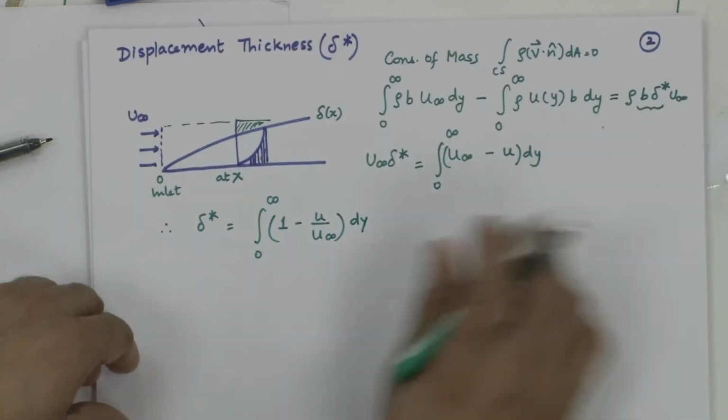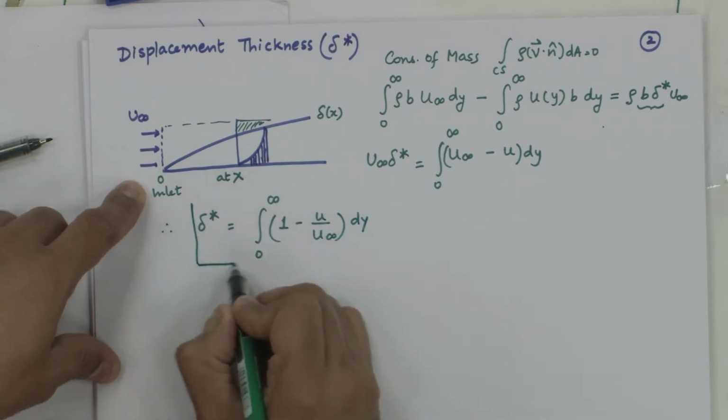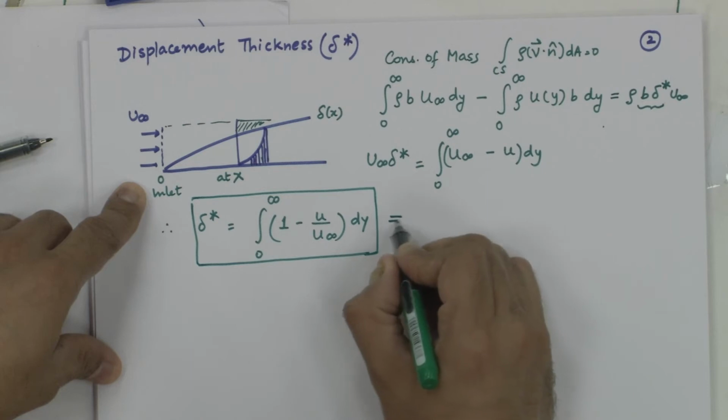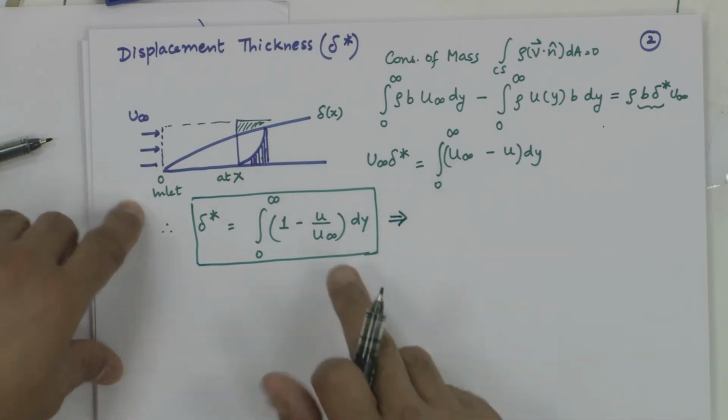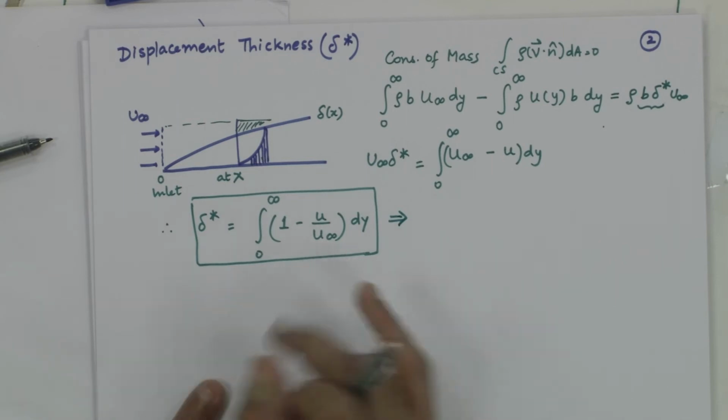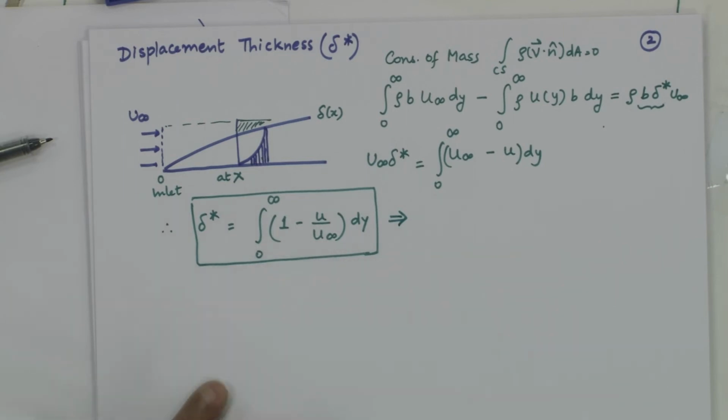This is my expression for the displacement thickness. This I will split up typically. When I assume a profile, u by u infinity will be substituted here and I evaluate this integral. Now, you will ask me what is this 0 to infinity? How far is infinity that I need to take?